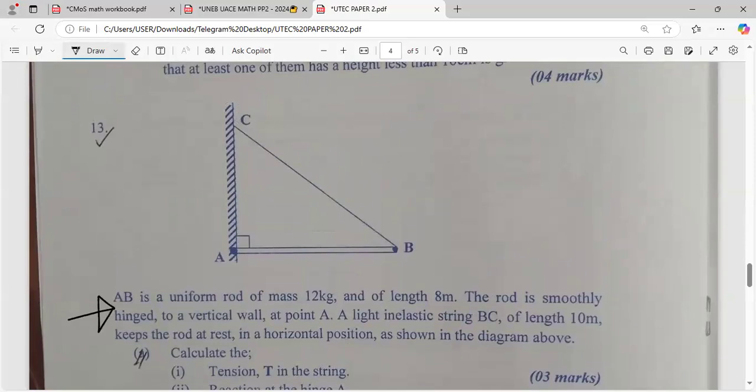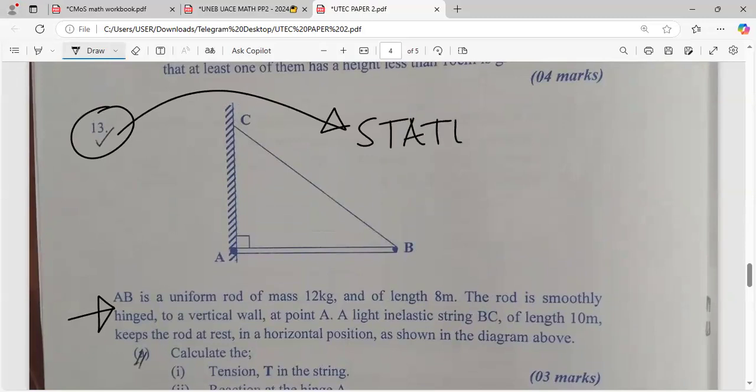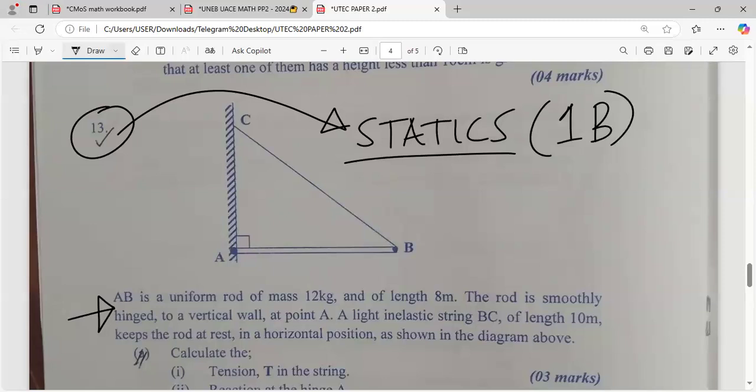Again, statics. So I think you see, after the examiner refused to set statics in section A, the examiner came in section B to set two questions of statics. I've told you that your papers are always moderated. So, of course, the chances of the paper coming balanced are higher.